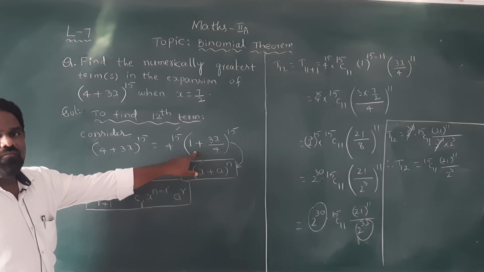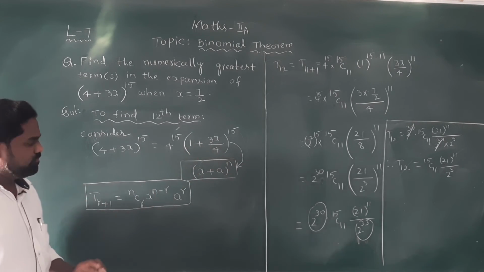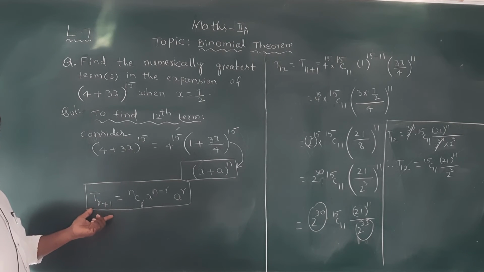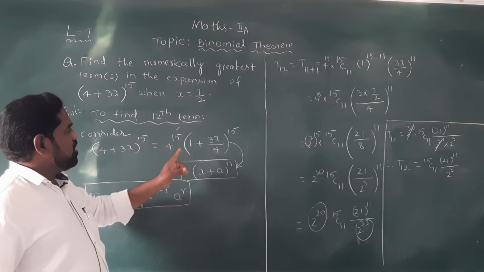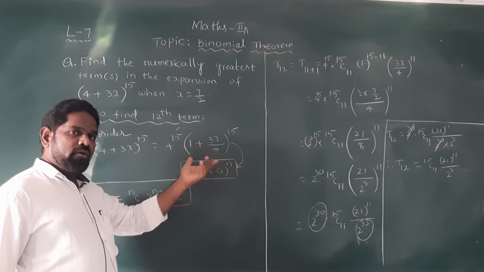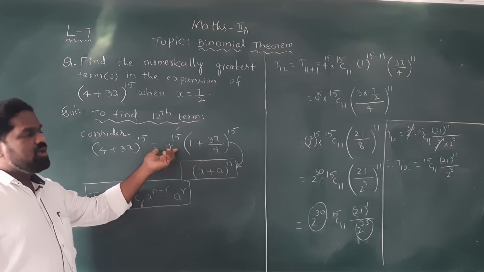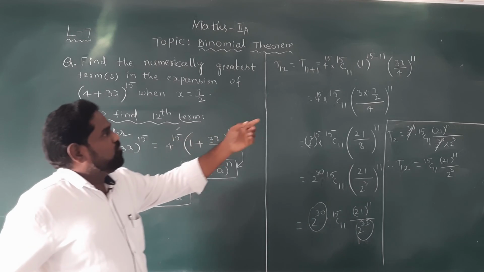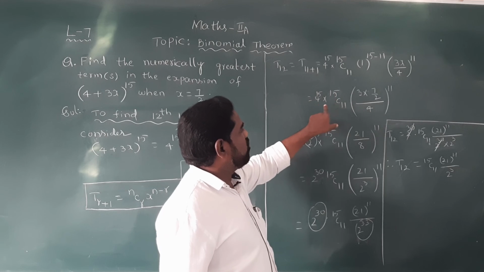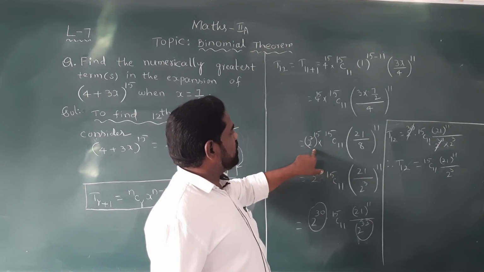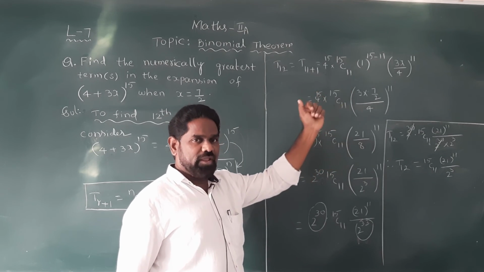This binomial we compare with (x plus a) whole power n, using the formula T(r+1) = nCr x^(n-r) a^r. It has a coefficient 4 power 15 also, which we write as 2 square whole power 15.